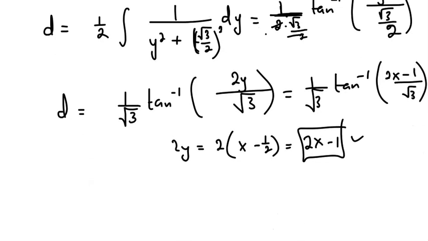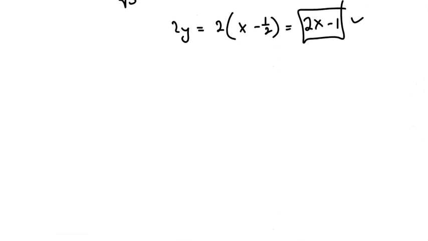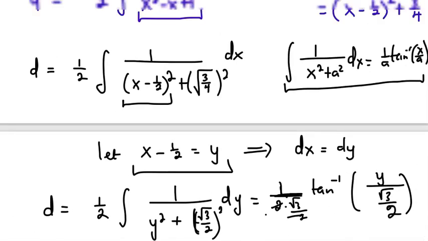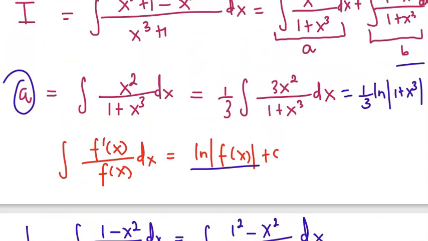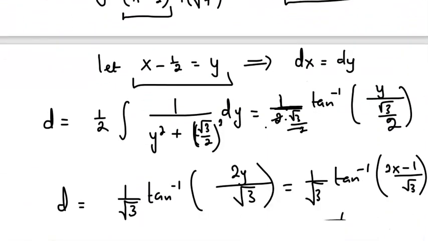Okay, so we need to combine everything. So to combine everything, we're going to have our I is equal to a plus b plus c plus d. So our a is equal to 1 over 3. Let's go back and check it out, right? So what is our a? So our a is 1 over 3 natural log of 1 plus x cubed, right?